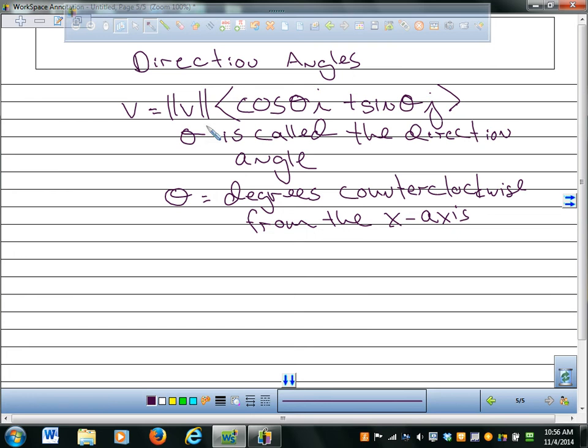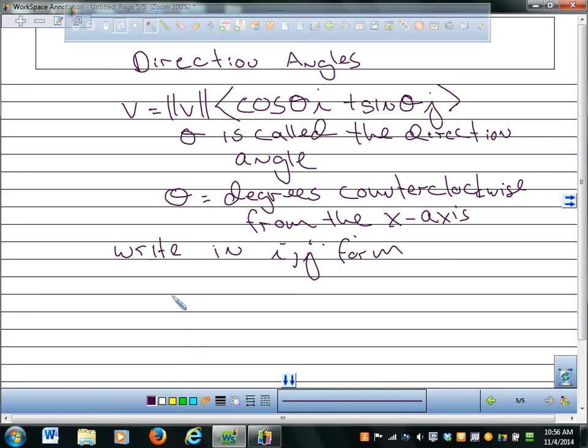So, for example, you might see something like this in i plus j form, okay? We'll call it i plus j form. Or linear combination form? We'll call it IJ form.